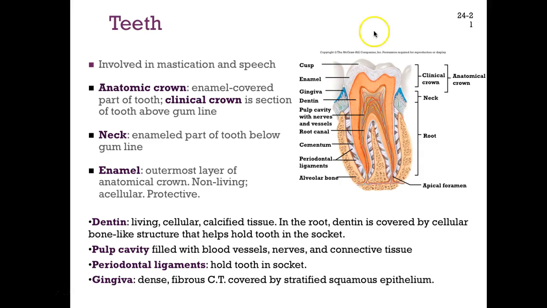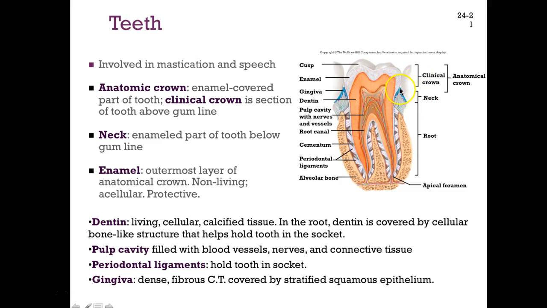You can get this portion taken off and a clinical crown put in above the gum line in order to save the tooth from any type of infection that's taking place.